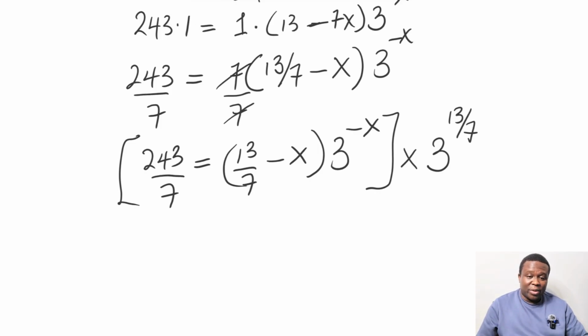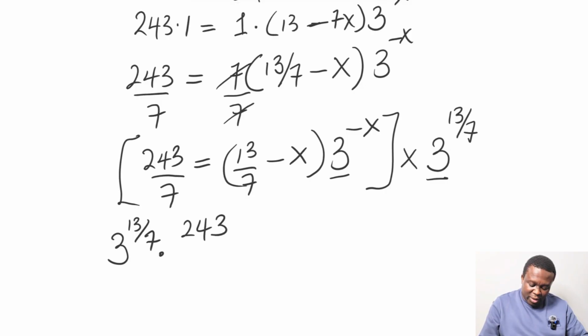We're multiplying by 3 raised to the power 13 over 7 because that way we have the same base, all right? And then we can add the powers. And if we add the powers, the base becomes equal to the power. So what we have is 3 raised to the power 13 over 7 times 243 divided by 7 equals 13 over 7 minus x.